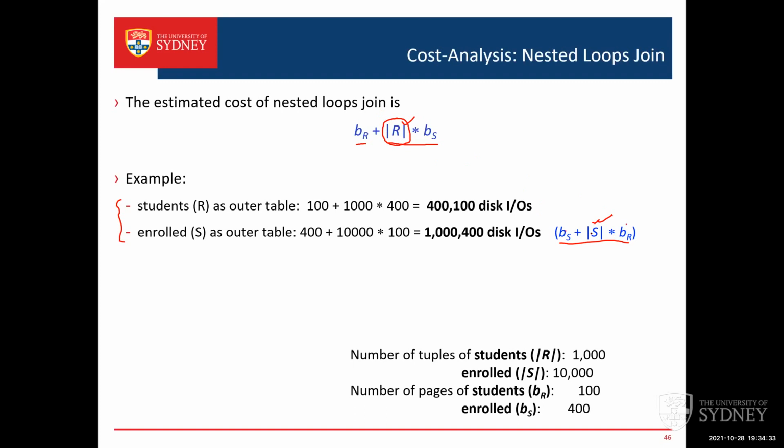So if R is less than S, then this equation will give you a better result, right? So whichever table has less number of tuples, like someone said, you need to use that one as an outer table. Okay, hopefully that part is making sense. Based on the number of tuples, you will make a decision and use that one as an outer table.